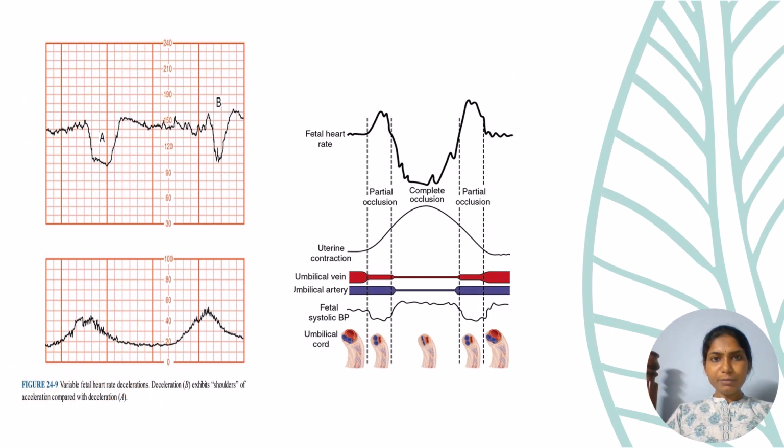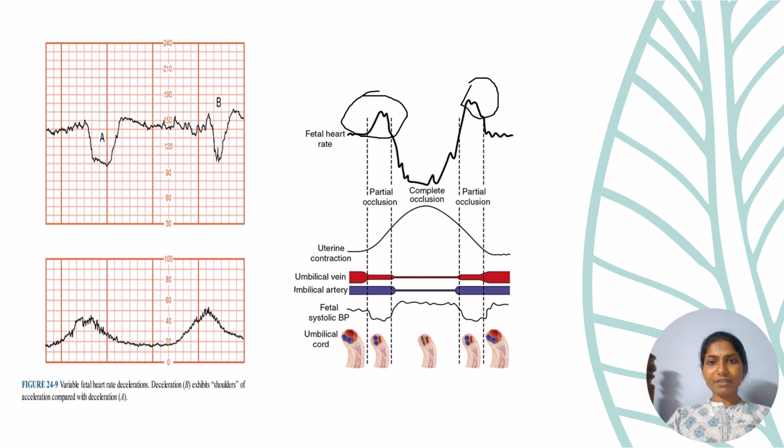And in variable deceleration, again there are two types. One is typical or uncomplicated variable deceleration, which is depicted in this picture. There is presence of something called shouldering. So what is this shouldering? We are able to visualize that before the deceleration there is increase in the fetal heart rate.